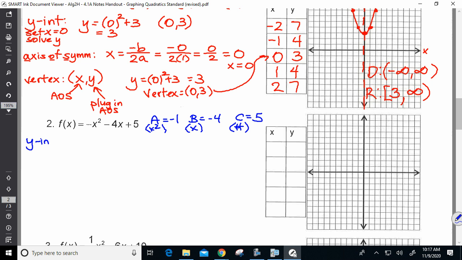For your y-intercept, you set the x value equal to 0. Solve for y. That's going to give you y equals 5. So your y-intercept is (0, 5).